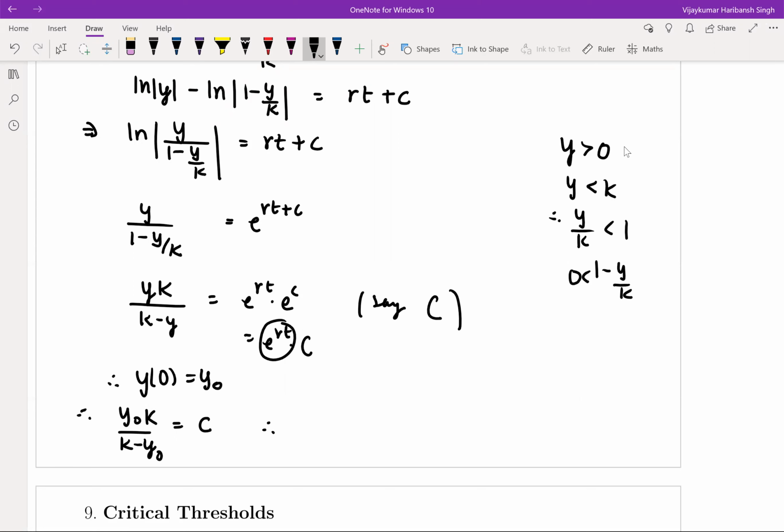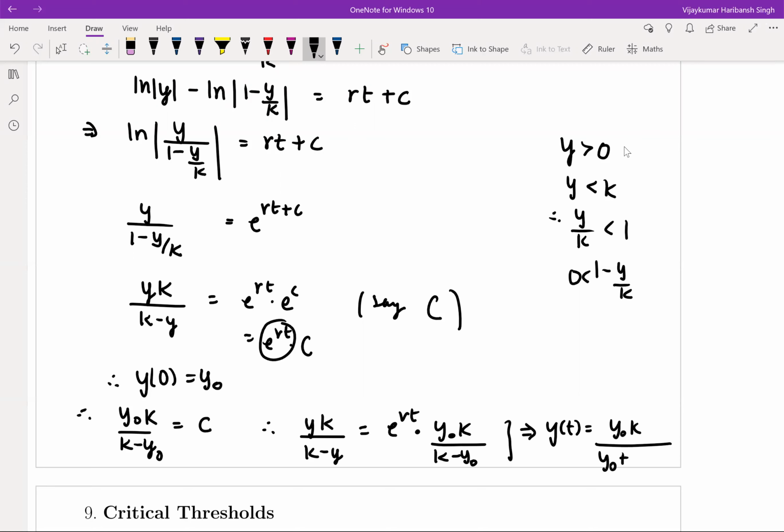So therefore, we get yk upon (k - y) equals e to the power rt multiplied by y0 k divided by (k - y0). A little bit of rearrangement will give you y(t) equals y0 k divided by (y0 plus (k - y0) e to the power minus rt).